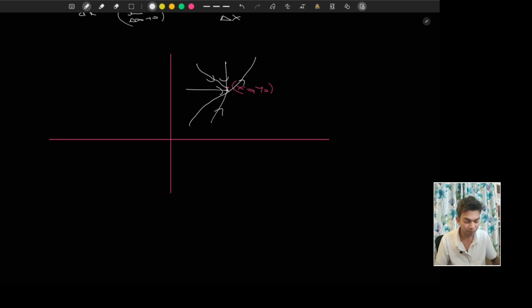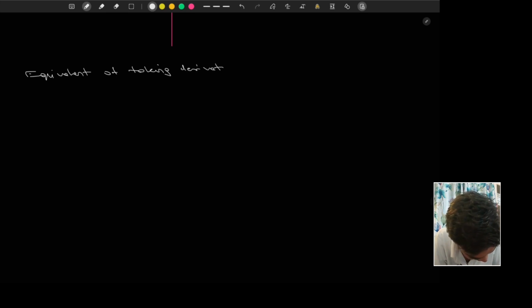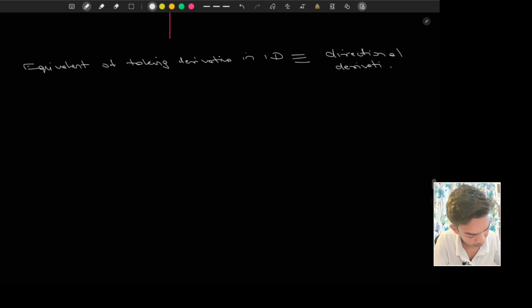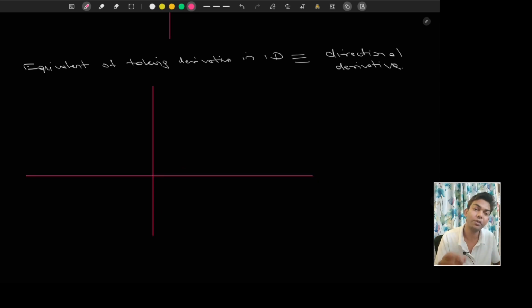The equivalent of taking derivatives in 1 dimension, in 2 dimensions we call the directional derivative, because direction matters. Everything boils down to computing the derivative in a particular direction.